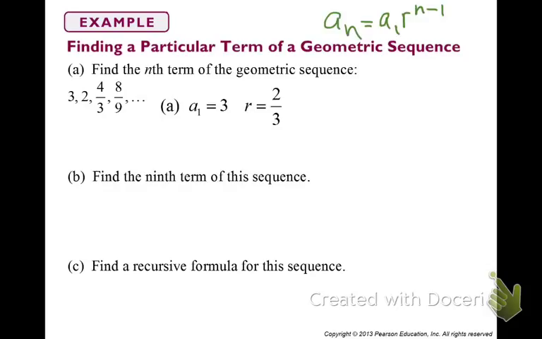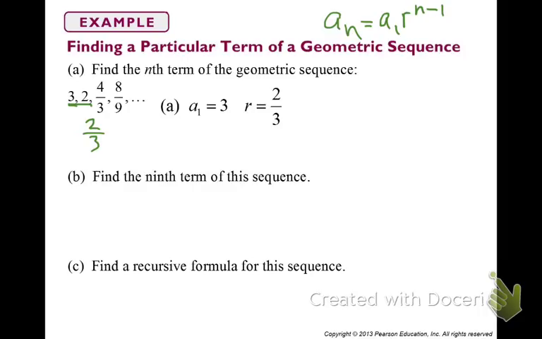So if I'm looking at this, I can see my a sub 1, in fact, is what? 3. So it's nice when it's listed, right? We can find it. However, we do need to find the r. So if I have my first two terms, how do I find the r? Divide. Which one do I divide? I divide the second term over the first term.